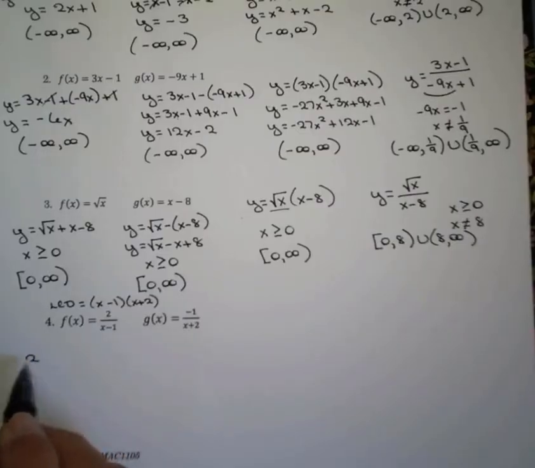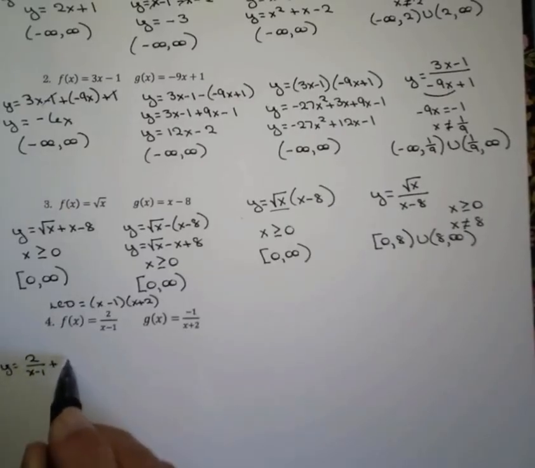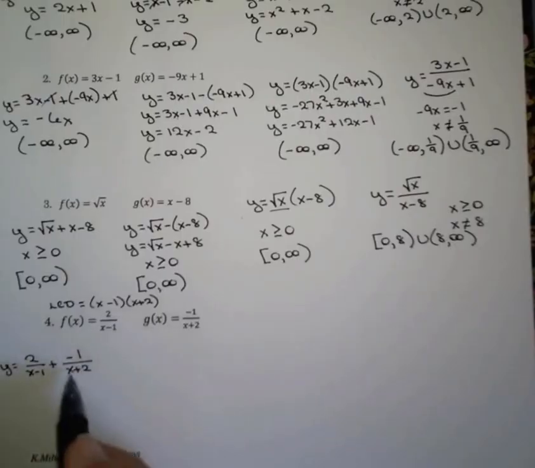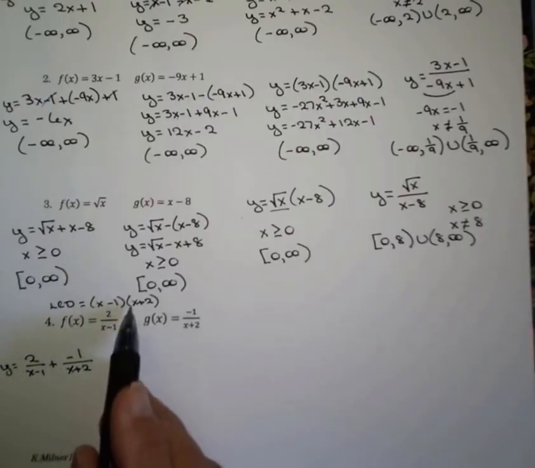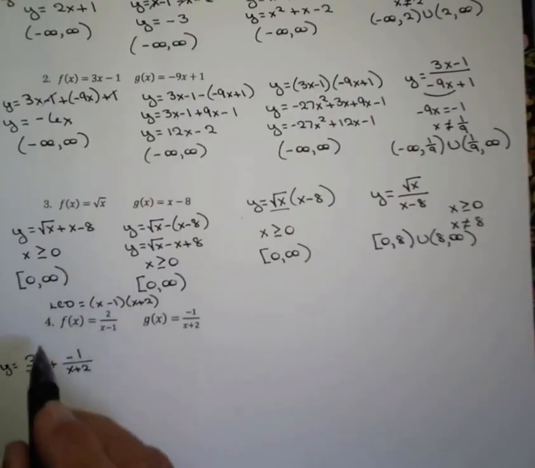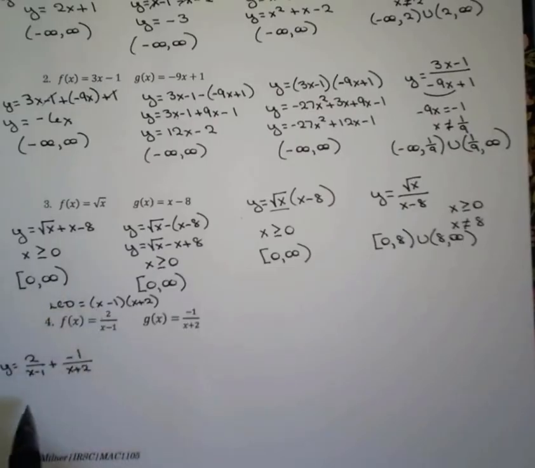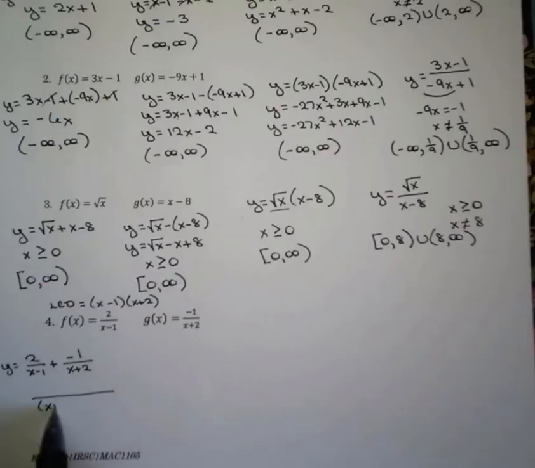So I'm going to say y equals 2 over x minus 1 plus negative 1 over x plus 2. And when I do that and I multiply both times that least common denominator, you should have done enough of this that you can see this happening. It's going to cancel out the x minus 1s, right? What am I going to end up with? Well, I'll go ahead and write it all over this same denominator.